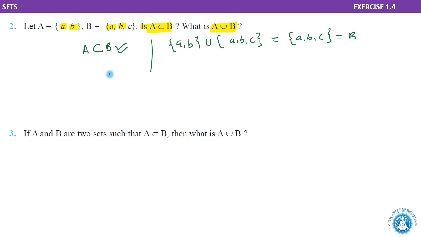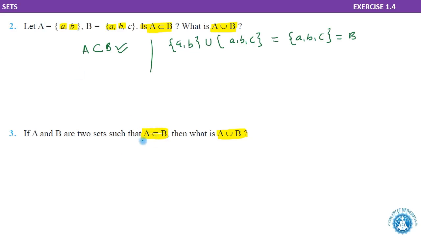The third question is, if A and B are two sets such that set A is a subset of B, then what is the union of A and B? It is given, very important point, that set A is a subset of B. First of all we have to understand the meaning of this.